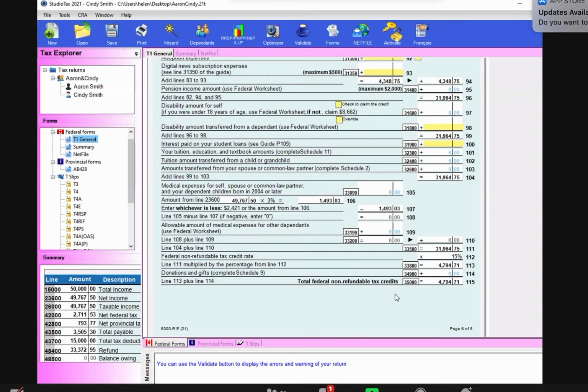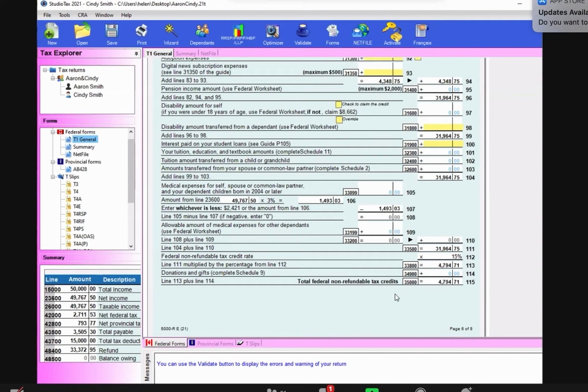If you put it on Aaron, these medical expenses are reduced by what? Still Jackson's net income. So did it change? No, nothing changed. So that means the credit is not changed.